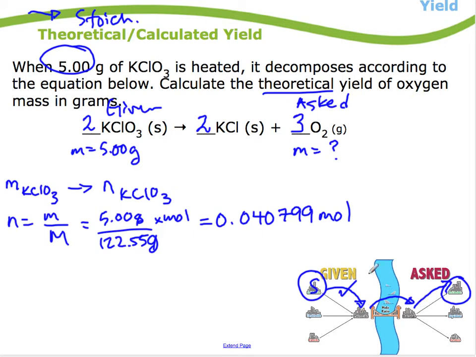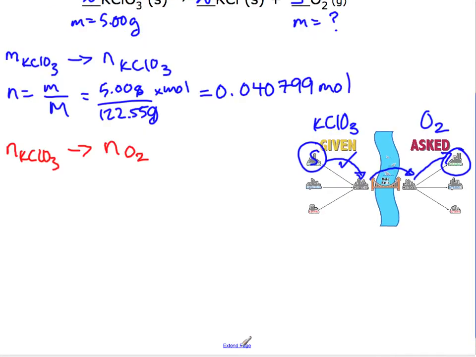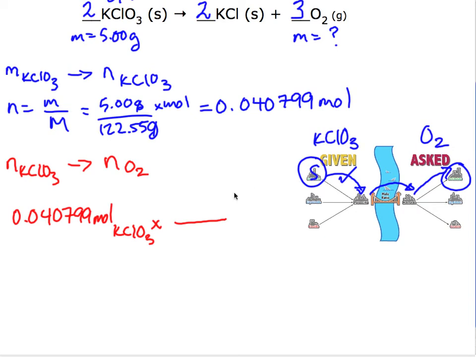Now I have to get across the river. This side is the KClO3 side, and this side is the O2 side. So I have to convert my moles of KClO3 to moles of oxygen. I write the number of moles I have down, 0.0408, etc. moles of KClO3, and I multiply it by a mole ratio, which is in my equation there.